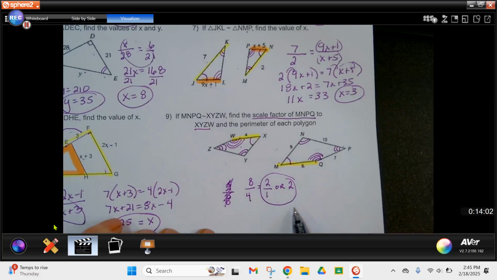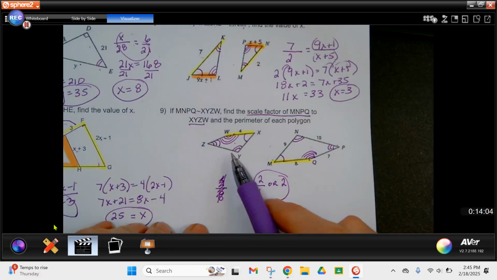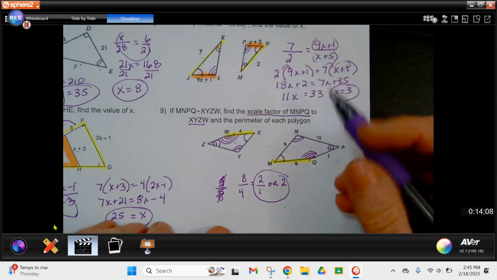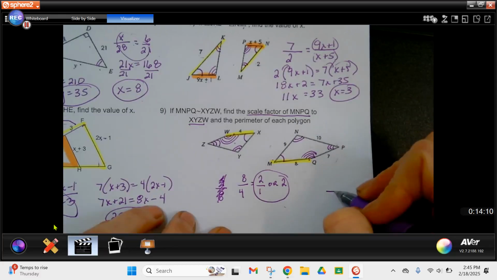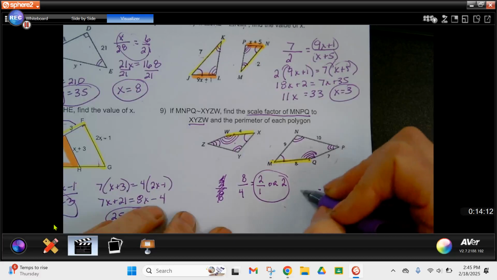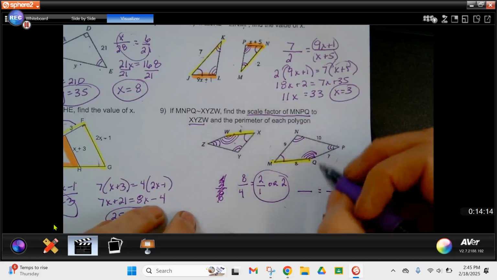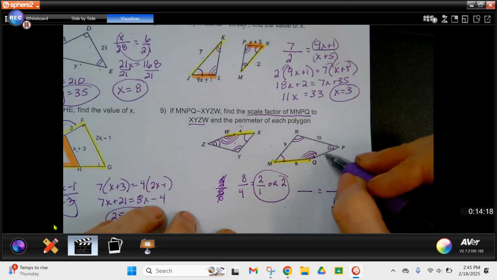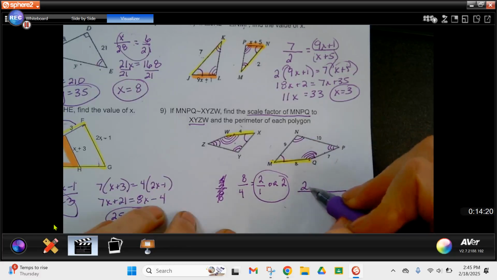Okay, so we were asked to find the scale factor. Now we're going to use that scale factor to find the perimeter of this smaller one. So this larger one is our large perimeter. And this one is our unknown, our small perimeter. And our scale factor from large to small is 2 to 1.